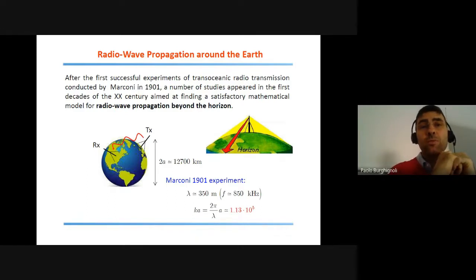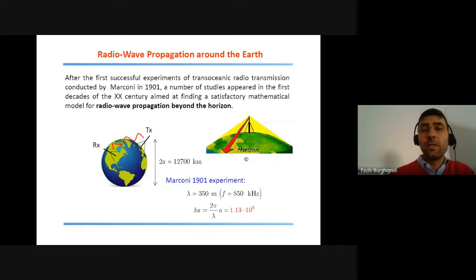Just to give you the motivation for the work of Watson in order to modify the form of the solution, I will mention that at the beginning of the 20th century, Guglielmo Marconi performed a number of very famous experiments in which he showed that it was possible to communicate through radio waves beyond the horizon.